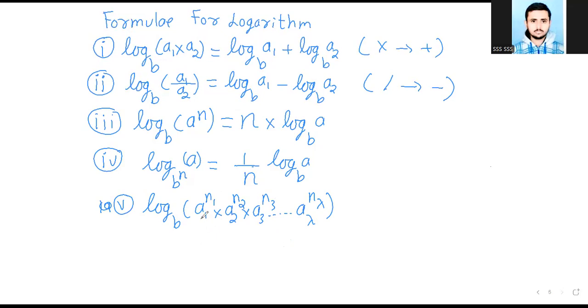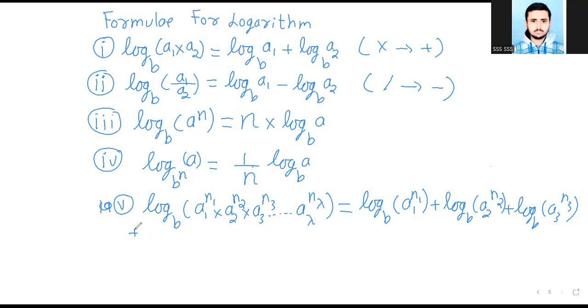First of all, this can be split into different terms. So we can say log base b a1 raised to the power n1 plus log base b a2 raised to the power n2 plus log base b a3 raised to the power n3 plus up to log base b a lambda raised to the power n lambda.